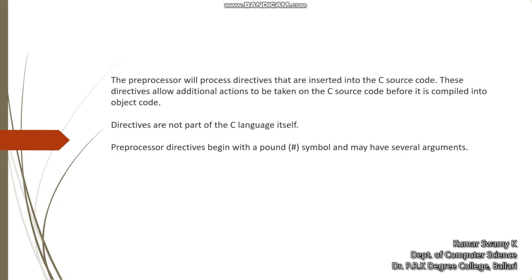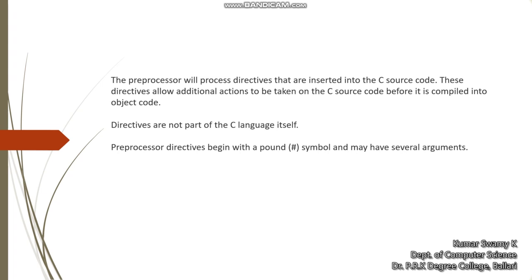The next advantage is that it makes the C program more portable. The program may be compatible or concise, and that is what we say is portable. I hope you are getting clarity on what a preprocessor means.